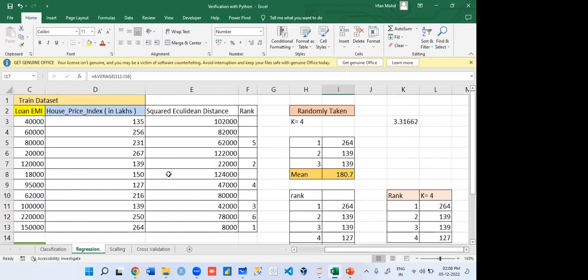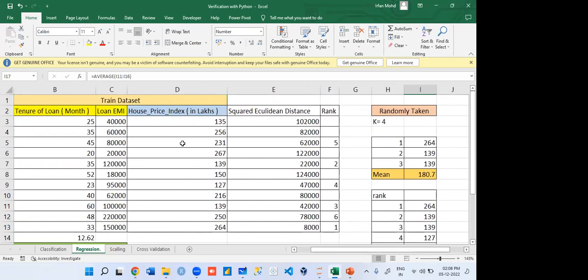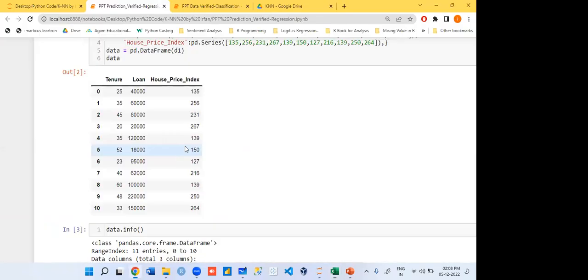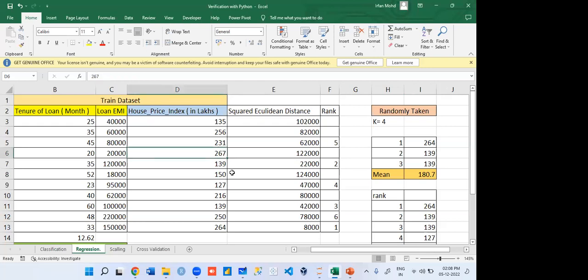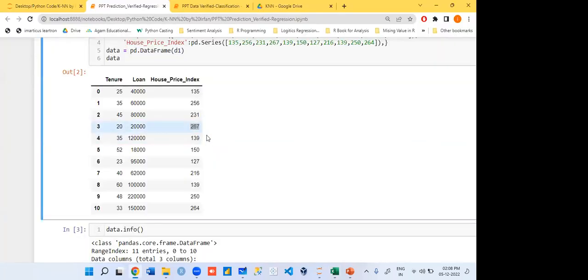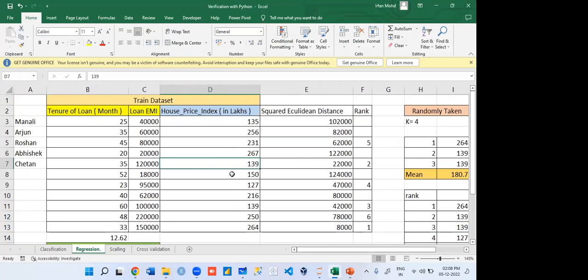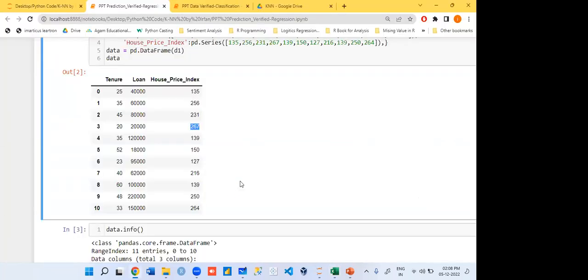Let me just cross check. Guys, 1 second. 231, 267, 139. 256, 231, 267, 139.